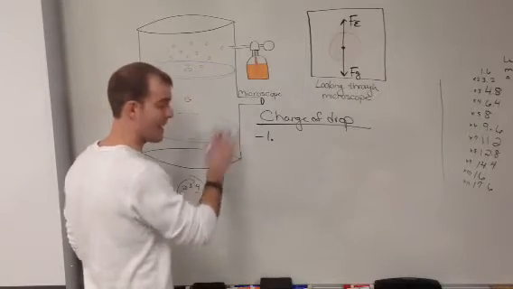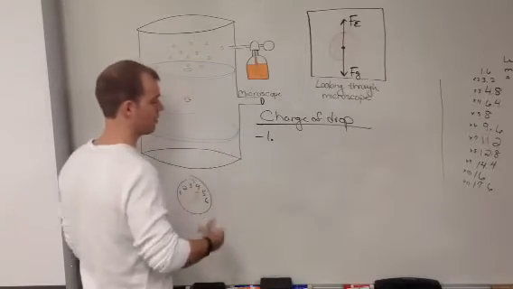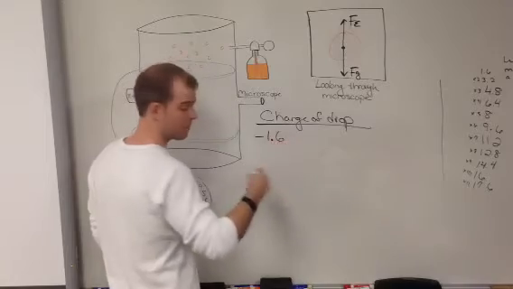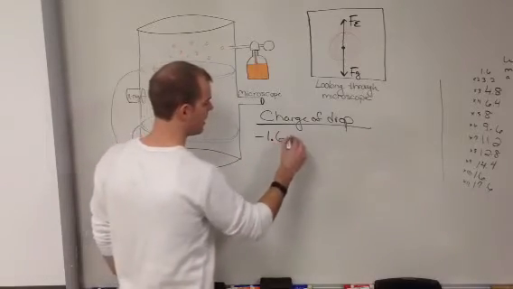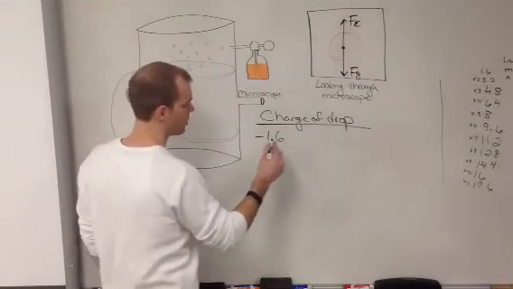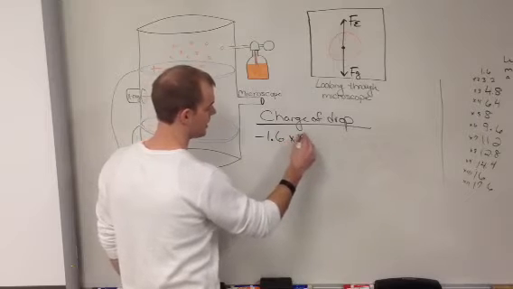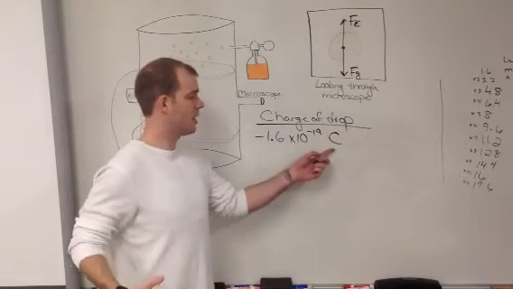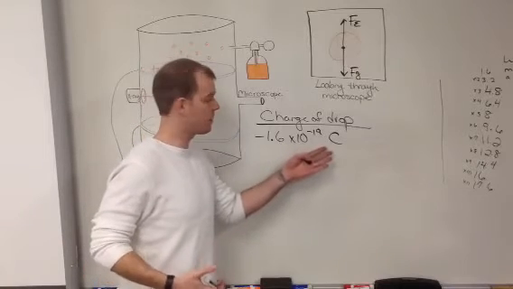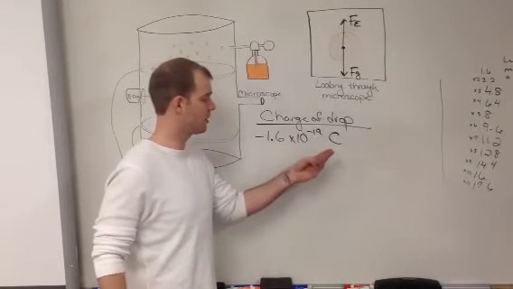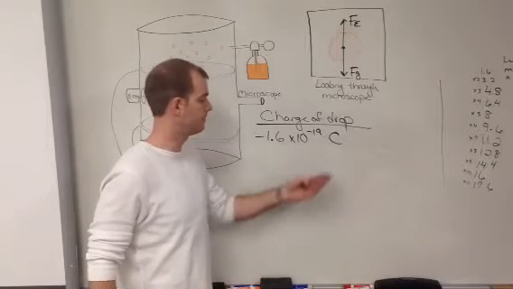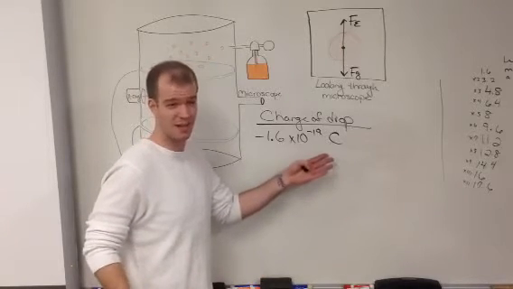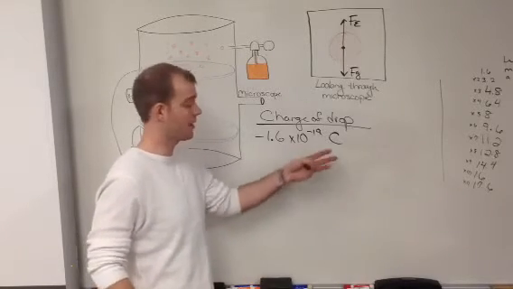It does not reflect literally the actual numbers that he got, but in order to get my point across, I'm going to simplify. He says, look, one of my drops has a charge of negative 1.6 times 10 to the negative 19 coulombs. Capital C is an abbreviation in physics that stands for coulombs. That's a unit of measurement used to represent charge.